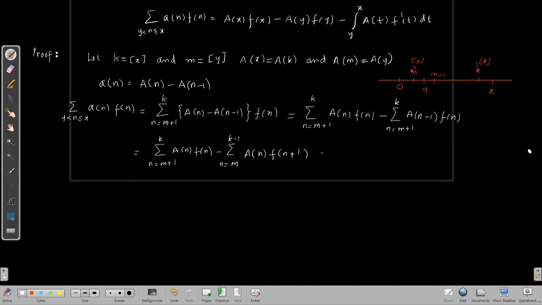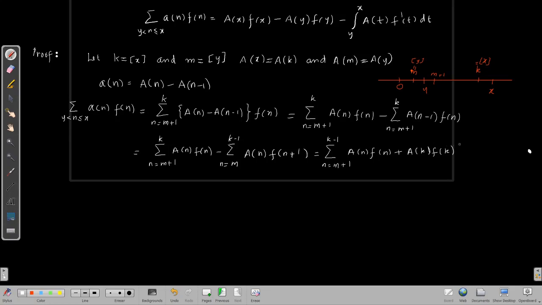So you can write this as the summation n equal to m plus 1 to k minus 1 of A of n f of n. I remove one term from the sum, the term corresponding to n equal to k, so I add that term as A of k f of k.